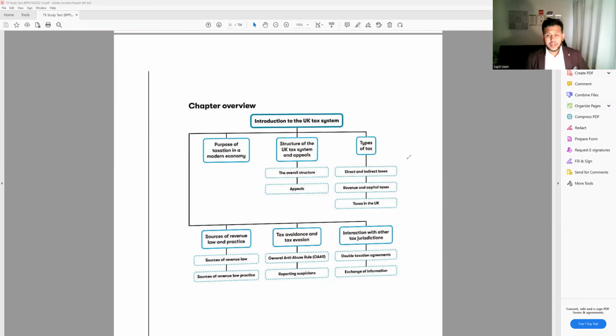Now, this is important a little bit. So type of tax, we have a direct tax and we have an indirect tax. So let's find the difference between these two, direct tax and the indirect tax. So direct tax is deducted at source. That means we don't have any choice. The tax will be deducted before I receive my earnings. So for example, if I'm an employee, before I receive my salary, the PAYE tax is already deducted.